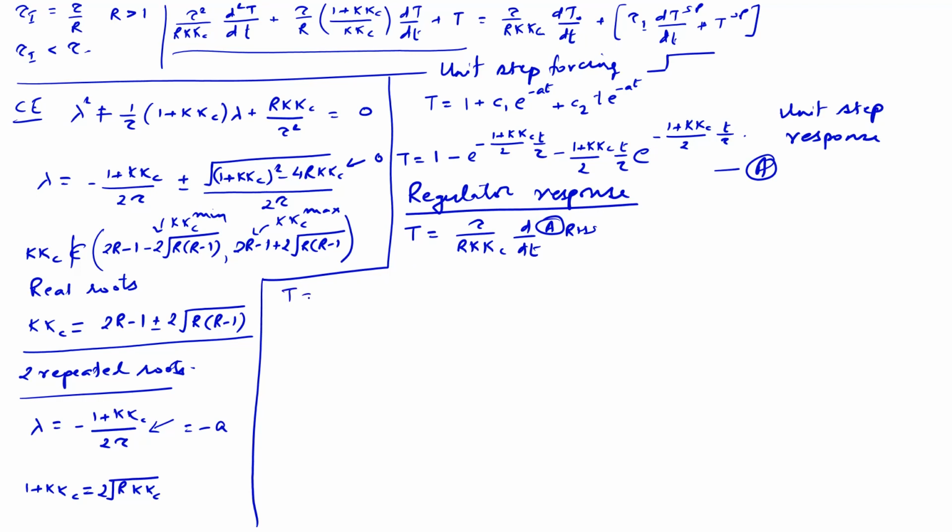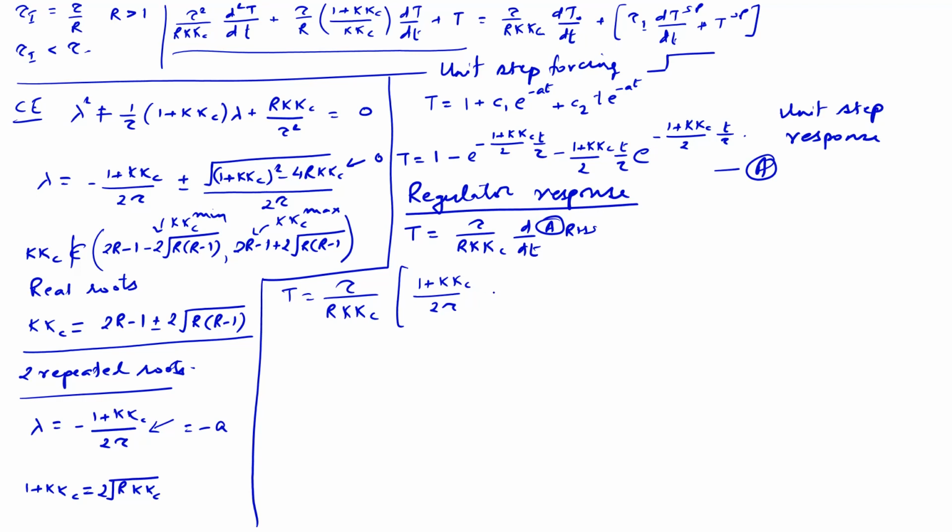T will be equal to tau by r kkc times the derivative, which will be 1 plus kkc divided by 2 tau times e to the power whatever. We'll put that in later.